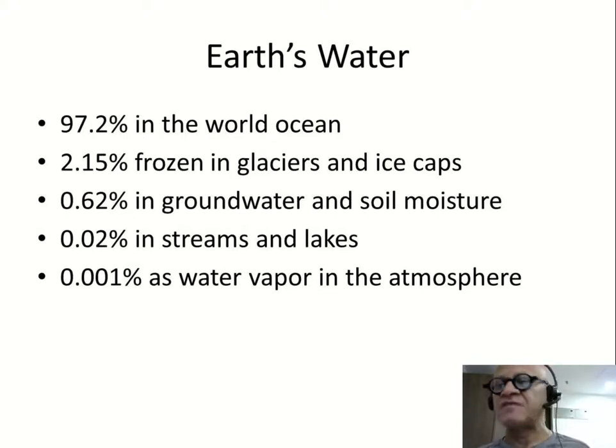So water is very important for everything, for moving energy, for life, for ice ages, for storing energy as glaciers and so on. But the fresh water that's available is a tiny percent. This is why a lot of the countries depend on desalination for their water supply, which has its own issues, as we will see a little bit later on.